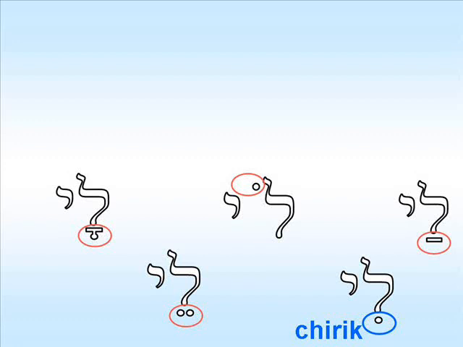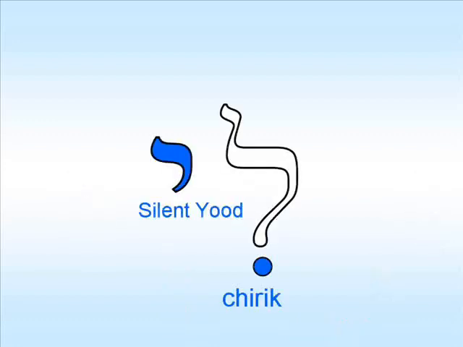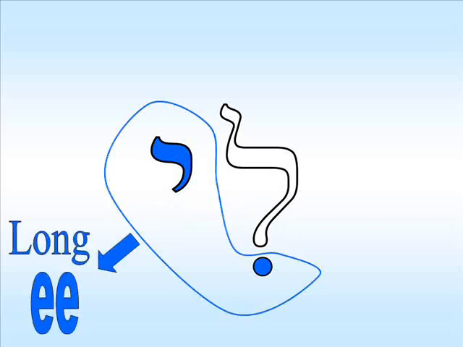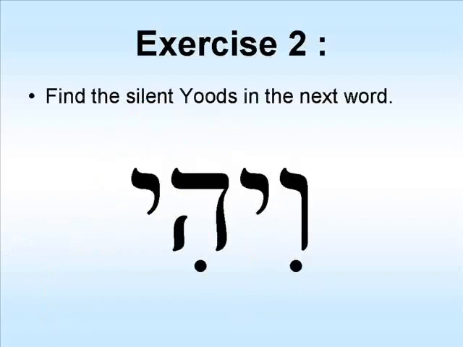Only one syllable has a silent Yood, and that's the one with the chirik under it. Li. You have a chirik under the letter that precedes the Yood, and afterwards you have a silent Yood. The chirik and the silent Yood together constitute the long E sound.